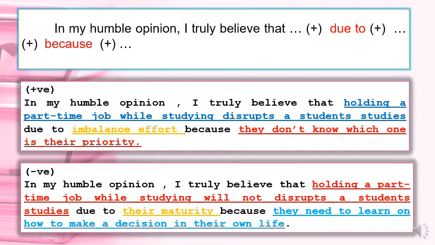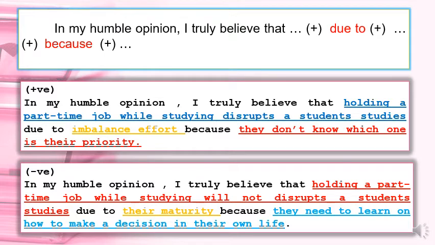Because of what? Why are you saying this? Because they, over here referring to the student, because they don't know which one is their priority. So meaning to say that this is your stand if you agree with the statement.